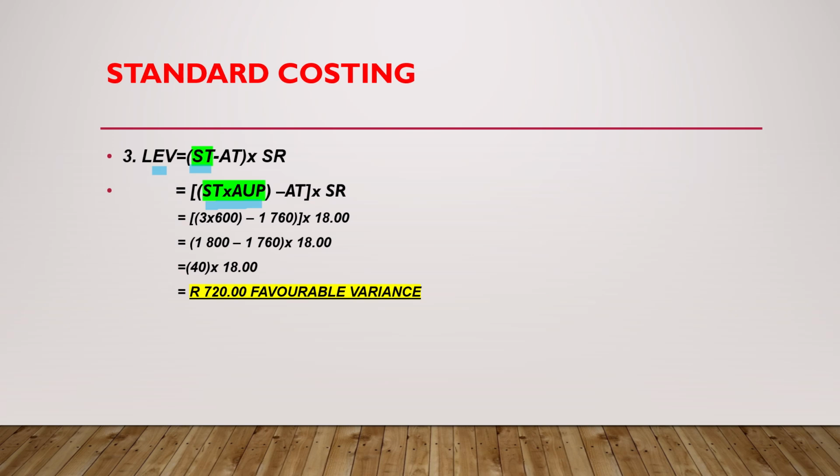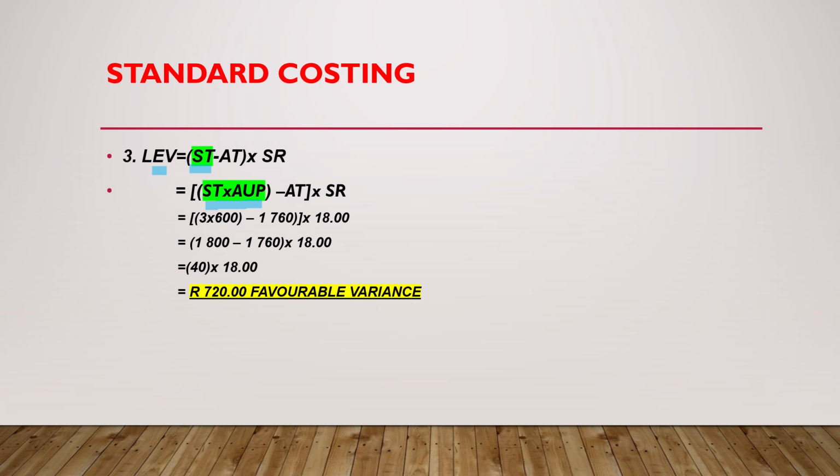So our actual units produced is 600, minus actual time. What was the actual time worked? Go to actual information. How many hours were actually worked? 1760. There you go, multiplied by standard rate. Go to standard information and check for standard rate. 3 hours of labor is used at 18 rand per hour. So our standard rate is 18 rand.